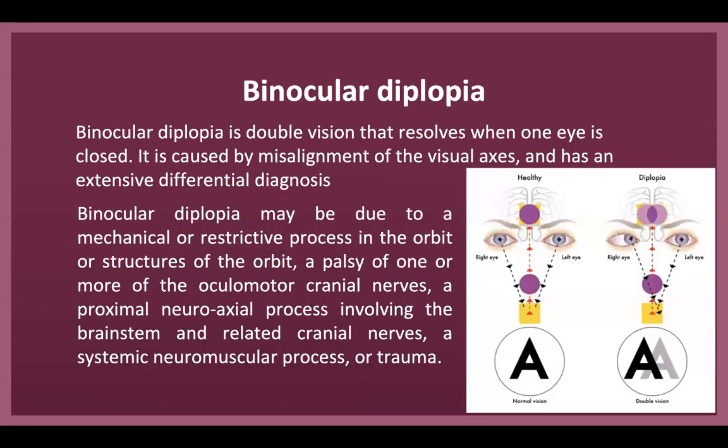The binocular diplopia is not related to the refractive error or to the light beam going inside the globe. It is usually related to something outside the globe, not in the anterior chamber and posterior chamber, not in the lens or retina or conjunctiva or cornea.